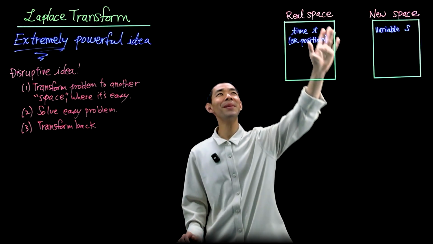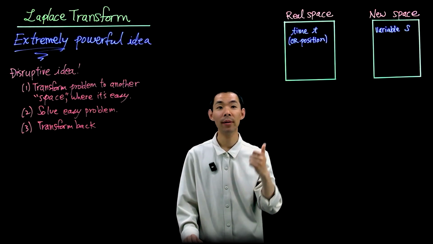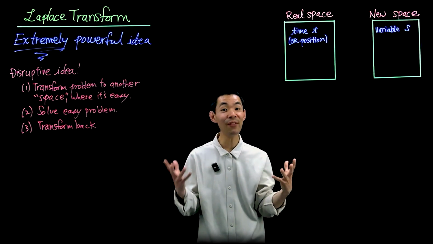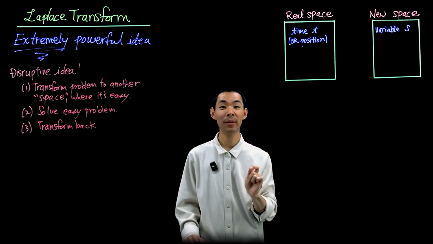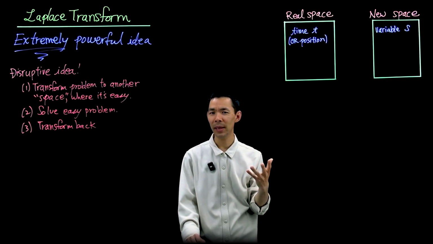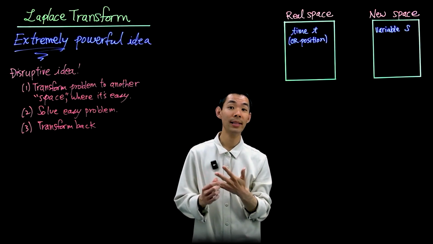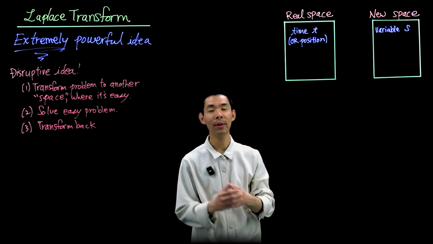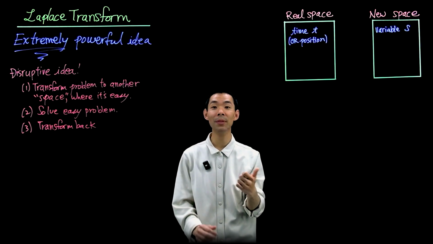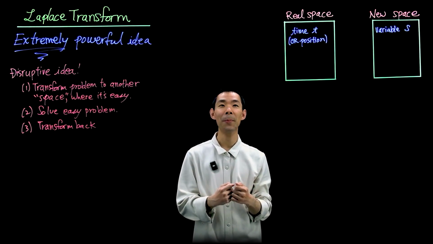We have some kind of function, a function you want, temperature profile, height profile, concentration profile, any function that you want to solve from a differential equation. And that's got variables in real space or real dimensions like time, position x, y, z, usually time with Laplace transforms. So let's just stick with time. So time is something you can feel and count, right? That's a real space variable.